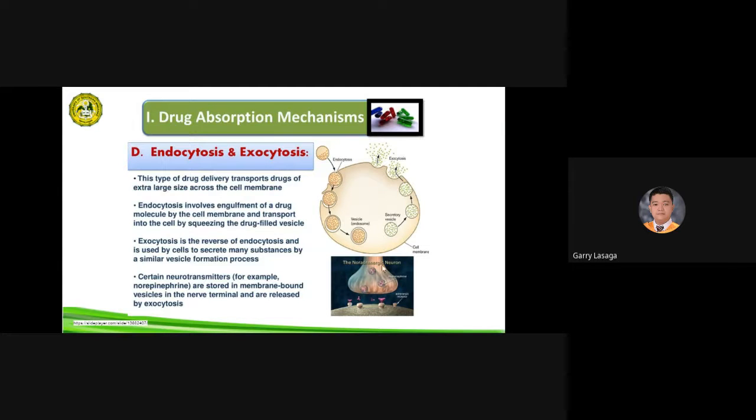So these vesicles contain the norepinephrine. So when this particular neuron will be stimulated, this will facilitate the release of these vesicles, unloading its contents to the outside of the cell, unloading the neurotransmitter norepinephrine to the synaptic cleft.